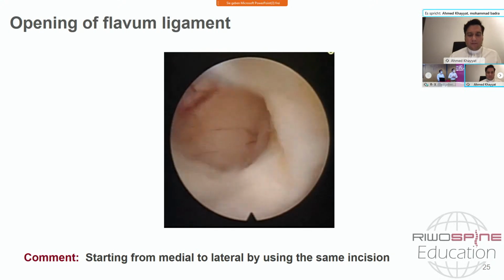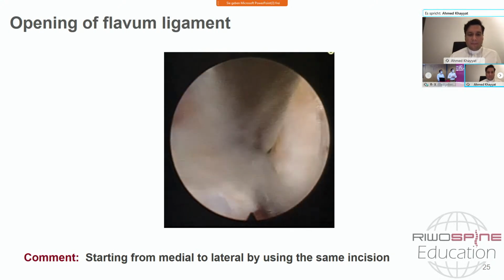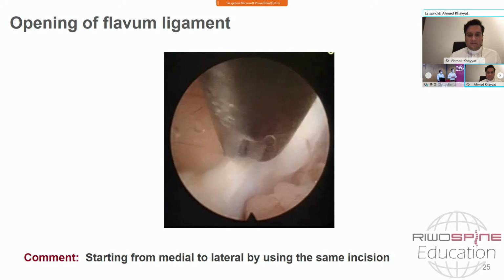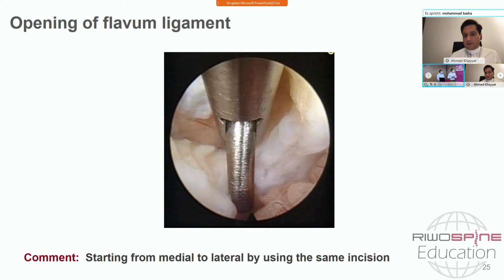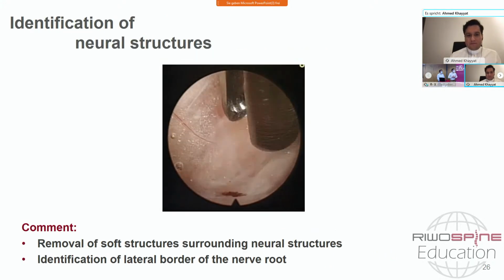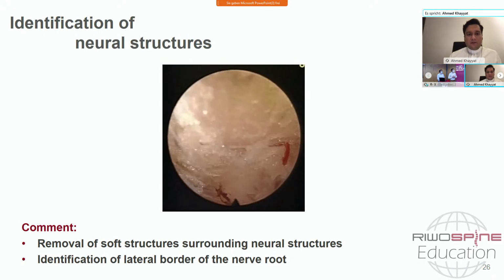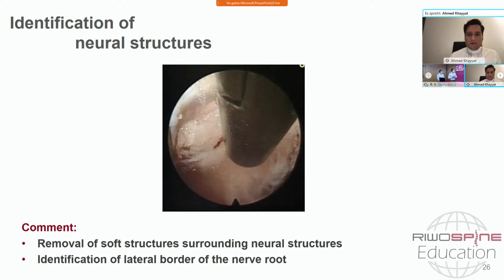Only a small canal is enough for this walking sleeve. And you can see also at 4 o'clock is the synovium from the facet joint. And now to identify the nerve structure after removal of the epidural fat with the punch.